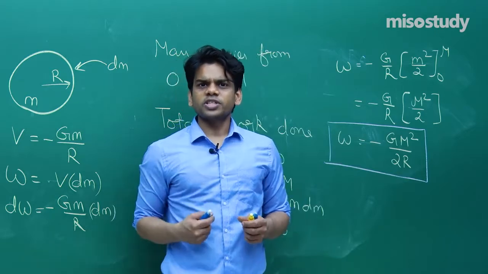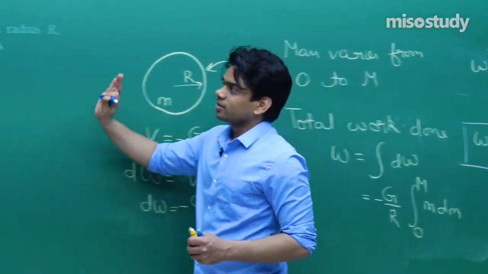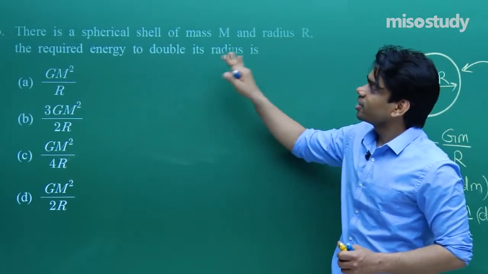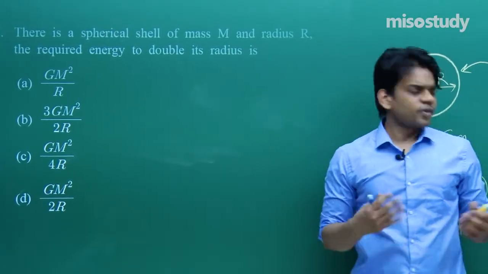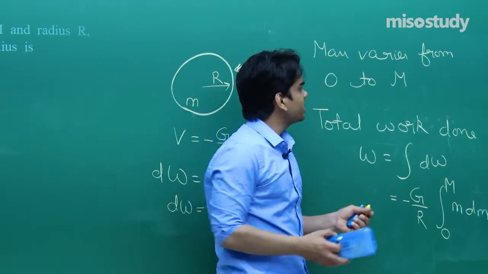Now what will be the potential energy of the spherical shell when its radius is doubled? The required energy to double its radius is asked. Let's find the potential energy of the body when the radius is doubled.